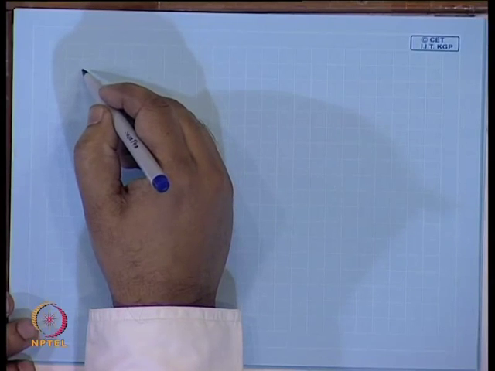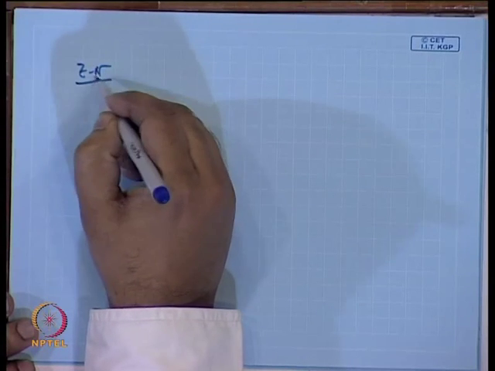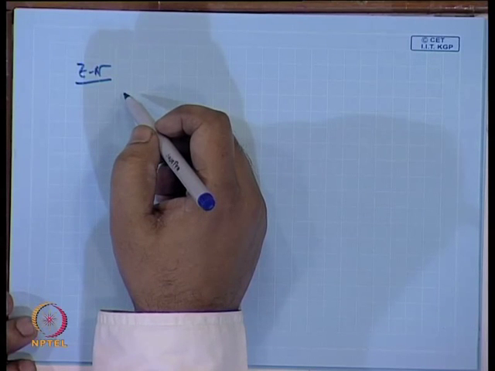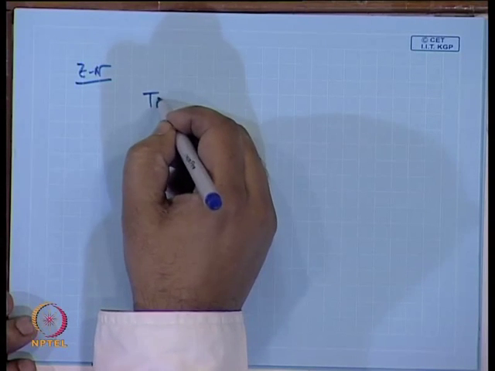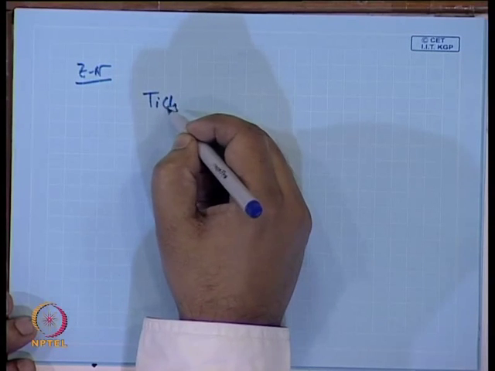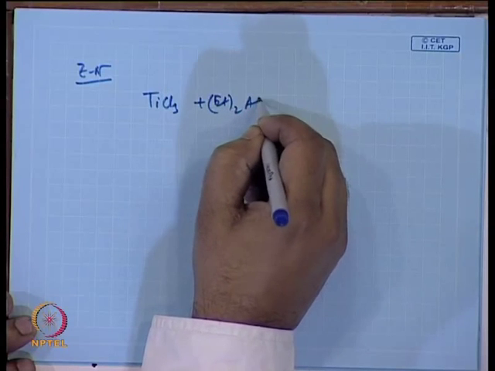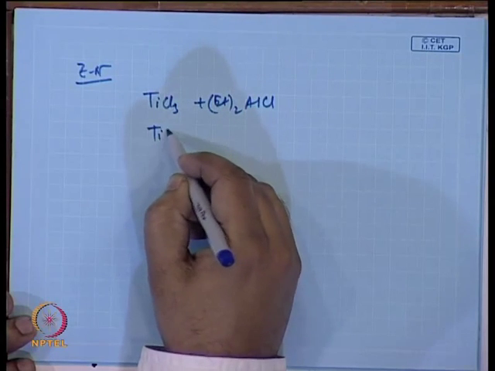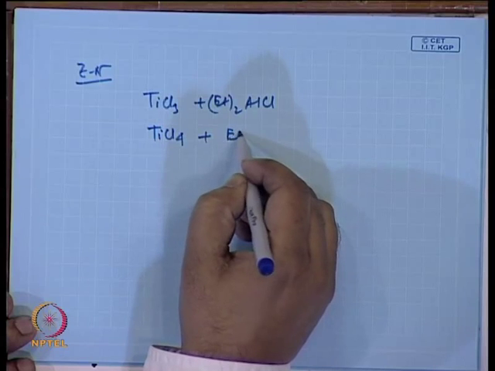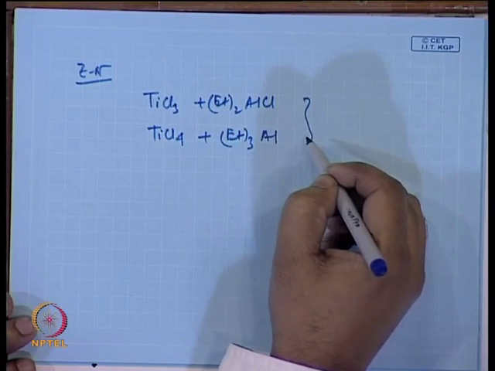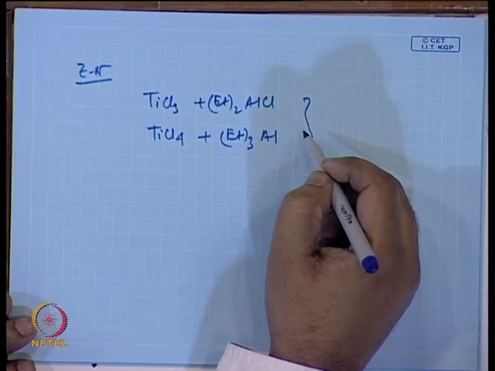Now, most of the examples of Ziegler-Natta catalysts are from these two, say titanium dichloride or titanium chloride plus triethyl aluminum, and most of the important industrial polymers are made from these.